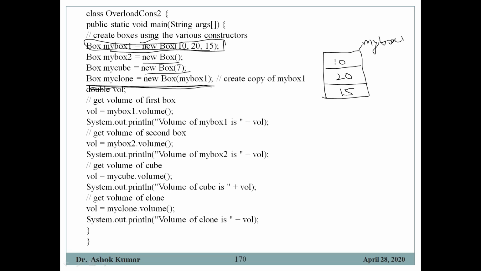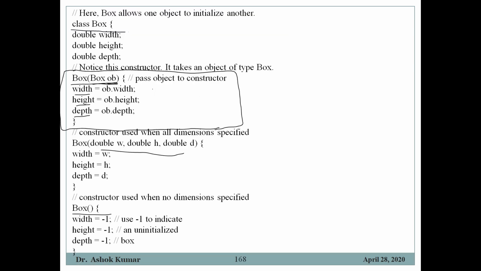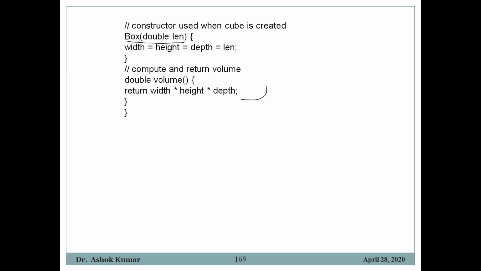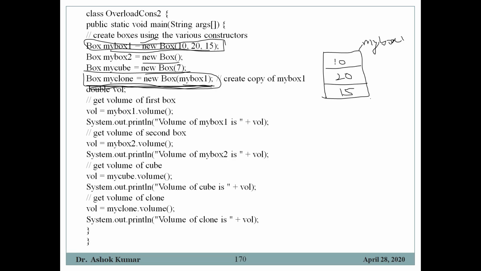So now let's discuss this statement. This statement is invoking the constructor that can receive an object. So in this case, this constructor will be invoked, and this my box one will be passed to OB as a parameter. So I'm going to show on this slide when the constructor will be called.